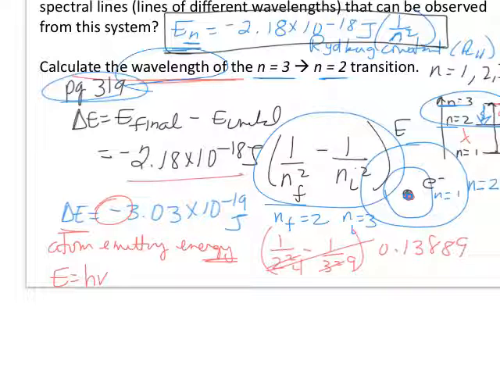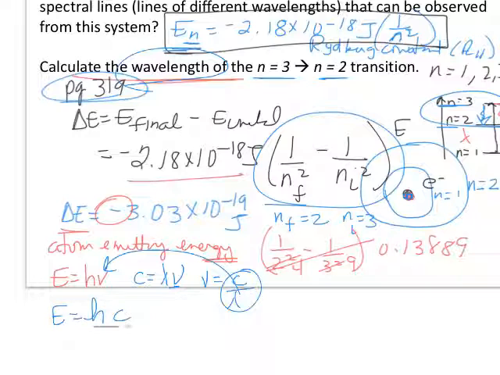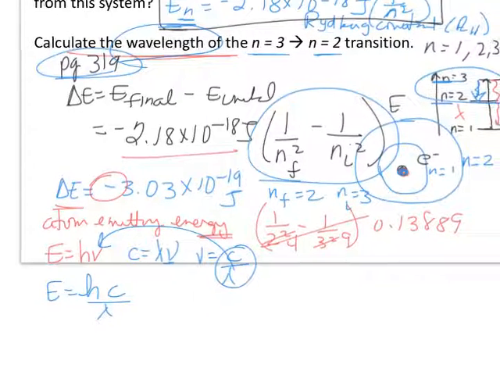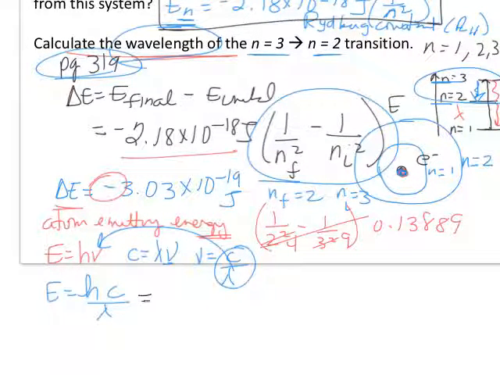So once I just remember E equals h nu and c equals lambda nu, and then I solve for nu equals c over lambda, and then I say, okay, E equals, I put this in for lambda, h times c over lambda, and that's Planck's constant, which I can get from my periodic table, and that is 6.626 times 10 to the negative 34 joules times second.